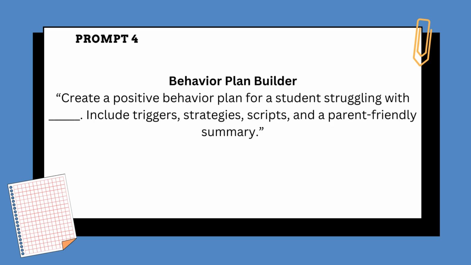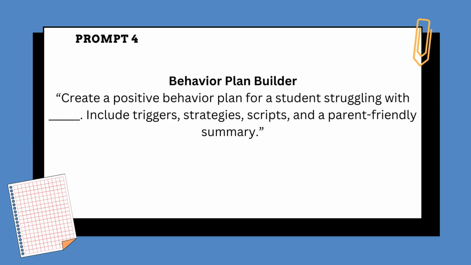Prompt number 4, behavior plan builder. Create a positive behavior plan for a student struggling with blank. Include triggers, strategies, scripts, and a parent-friendly summary. Now, this one is perfect. So on the blank line, you would enter whatever the behavior is. Maybe it's a student that's being disruptive. Maybe they're not staying in their seat. Maybe they're not raising their hand.